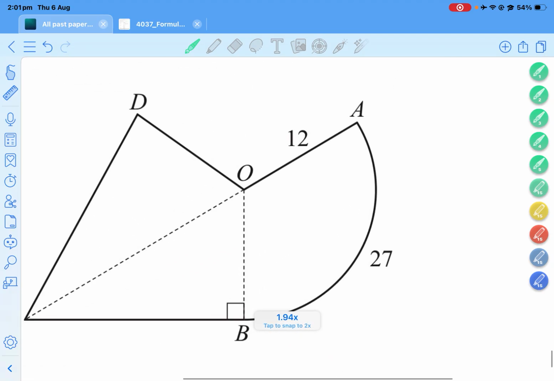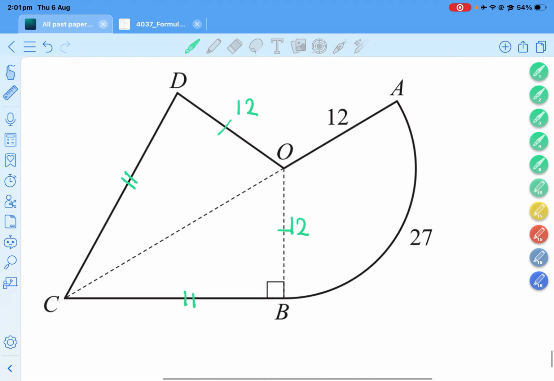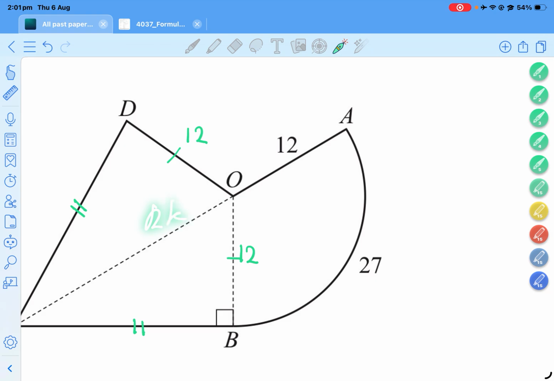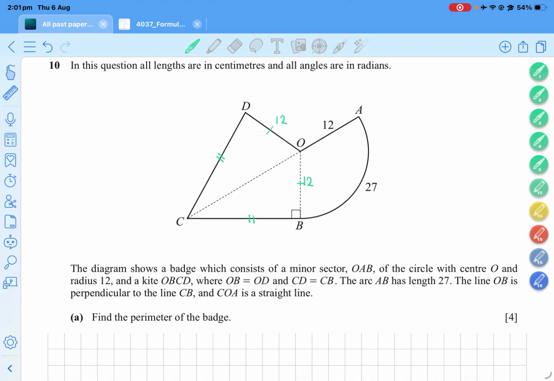So first things first, this thing will be 12. This thing is the same as this, so this is also 12. And then this thing and this thing are the same. This is like 12 times some multiplier, like 12k. So what do we think? How do we solve this? So OB equals OD, a kite OBCD.